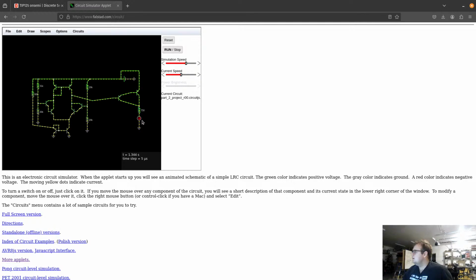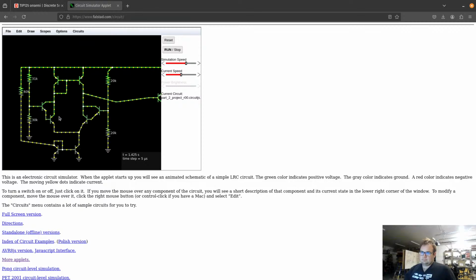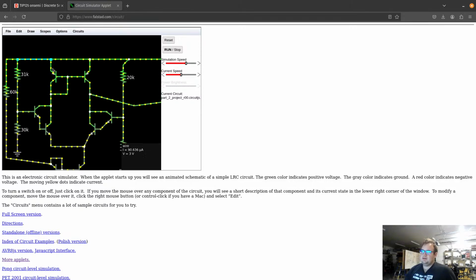Over here, we're seeing that more current is going through this LED. But why is that? Well, let's go look at this part of the circuit here, these two PNP transistors. Now, you see here, we have another sort of current mirror. Now, this one is largely driven by how much current gets drawn in through this side of the circuit by this transistor here.